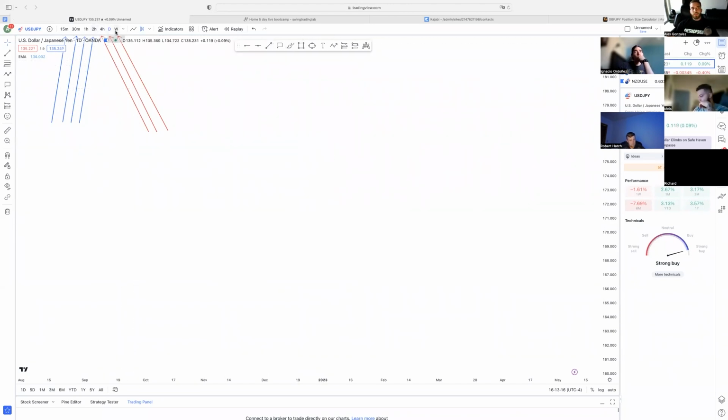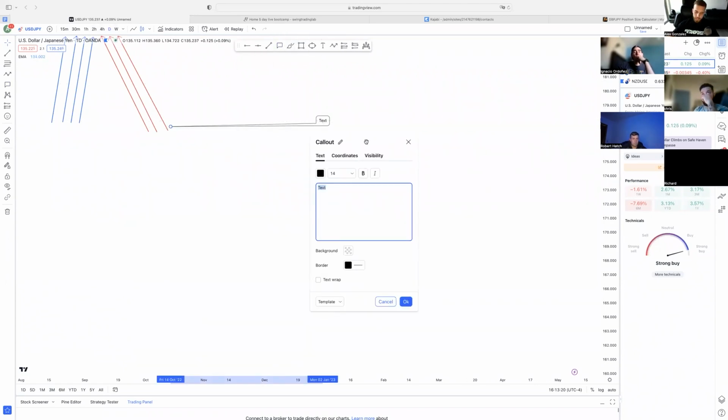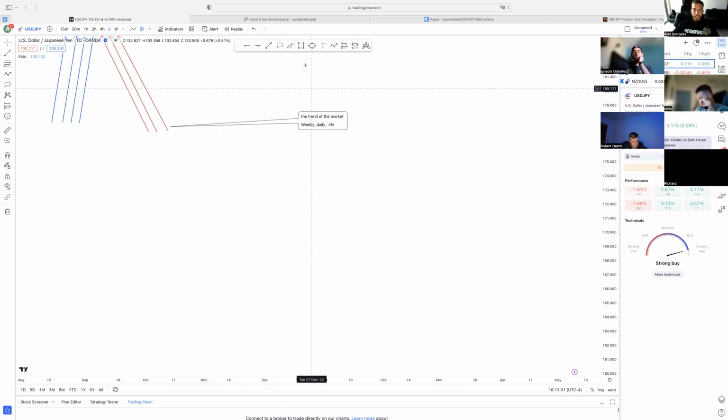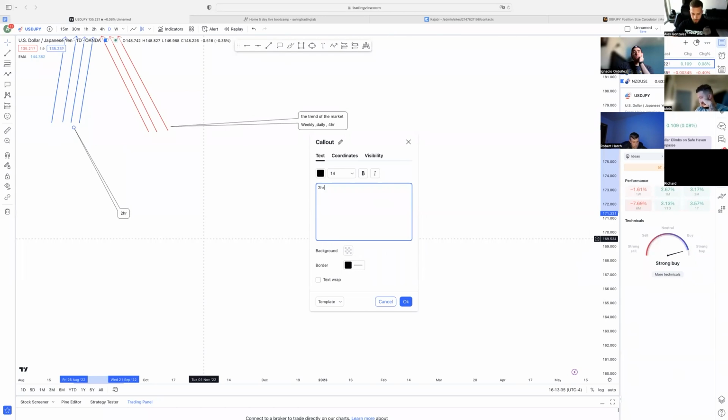So I use the weekly, daily, and 4-hour to understand the trend of the market. And then I use the 2-hour, 1-hour, 30-minute, and 15-minute for entries.